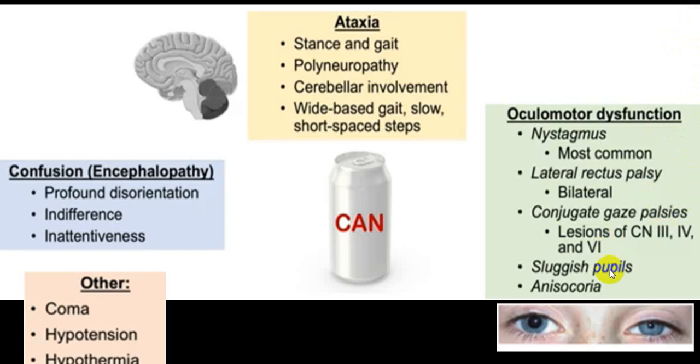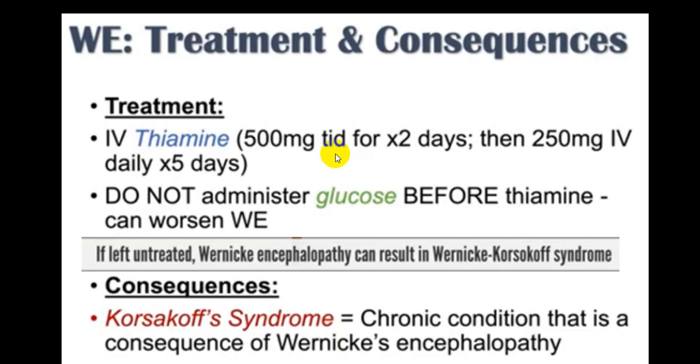Pupil reflex will be poor, maybe sluggish, and you can have anisocoria, unequal pupils, because of one-sided involvement of the third cranial nerve. Person sometimes can even have autonomic system involvement producing hypotension and hypothermia. These are all the different symptoms and signs seen in Wernicke's encephalopathy.